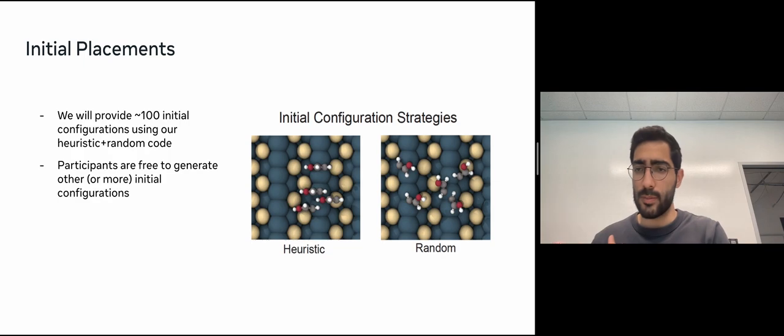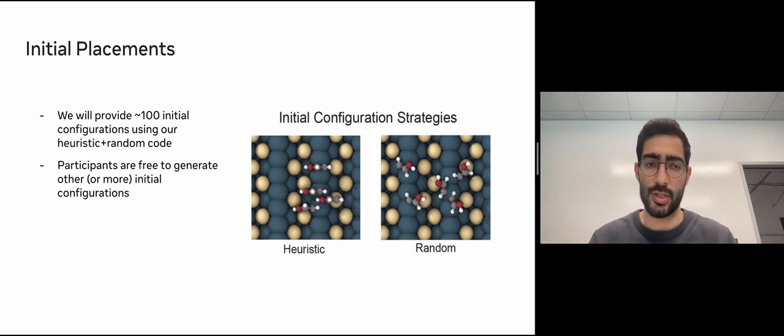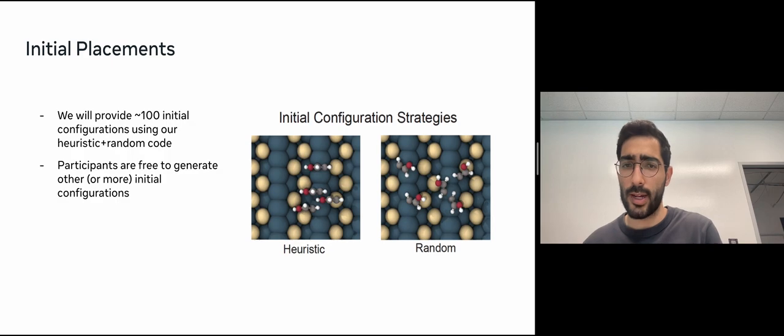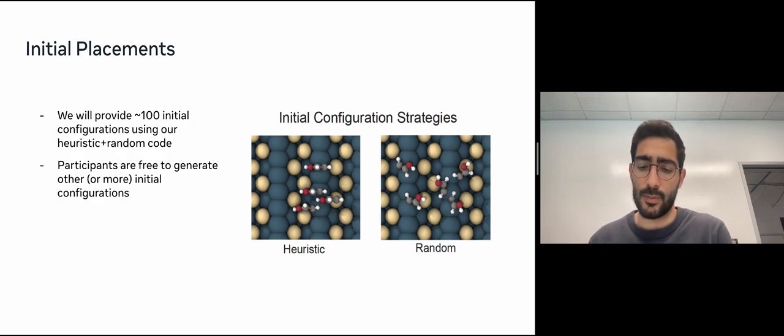If we sample more placements on that surface, we don't see a huge improvement in success rate. So we've done something similar here for the test dataset as well. Now, the point here is you may come up with a strategy where you have a better way to place adsorbates on that surface. Rather than doing 100 initial configurations, maybe you have 20 configurations that are more accurate or more carefully crafted than the approach we're doing here.